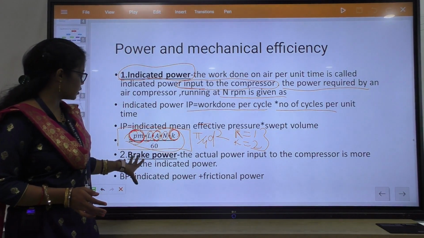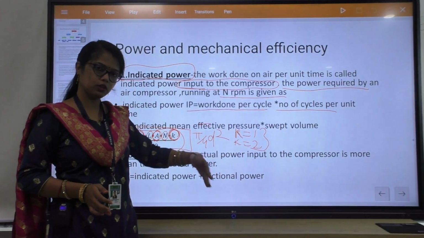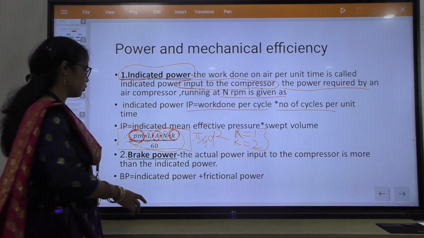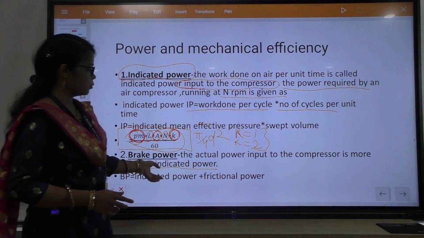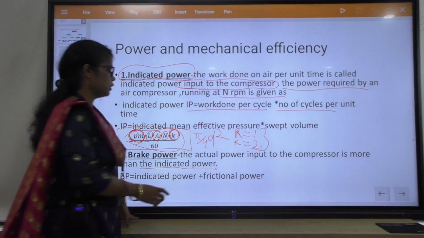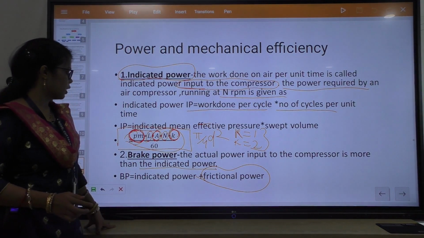We supply the brake power initially, which is definitely more than the indicated power, because it is the actual power input, but after that the frictional power is lost due to frictional action.